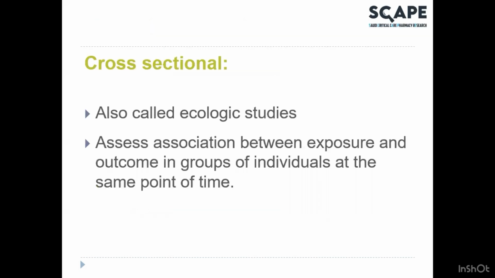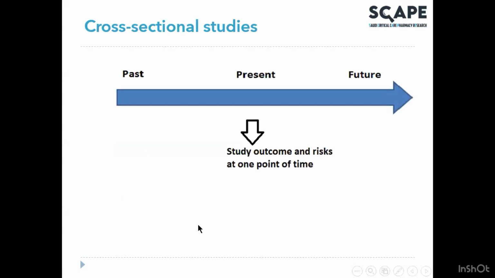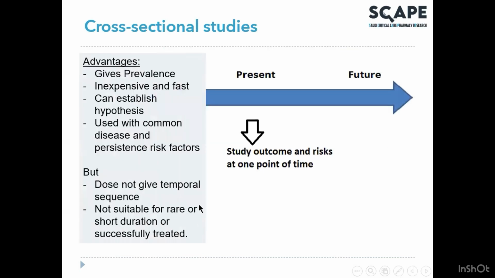So let's move to cross-sectional. Cross-sectional, also called ecological studies, assesses the association between exposure and outcome in groups of individuals at the same point of time. And this is the key information in cross-sectional: at the same point of time. In cross-sectional studies, this is the timeline.